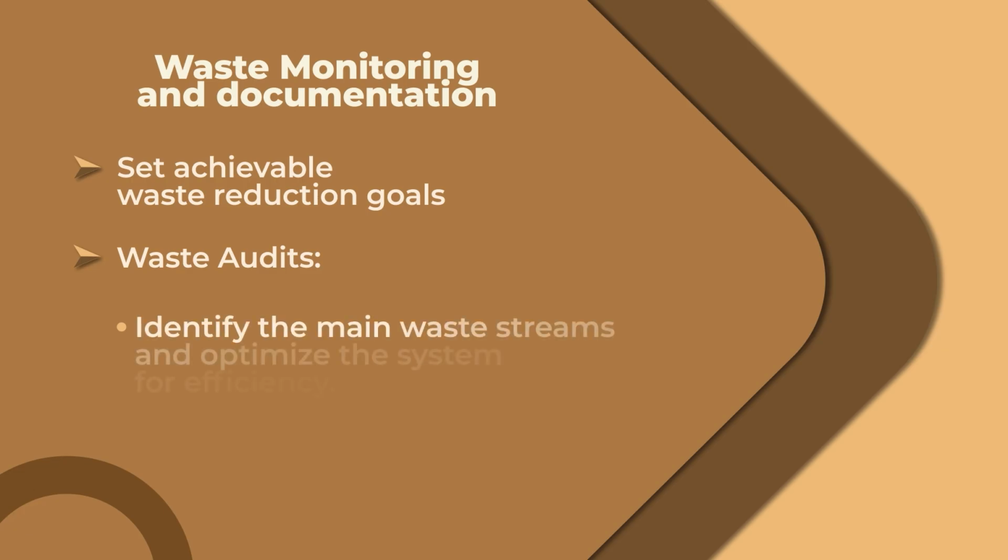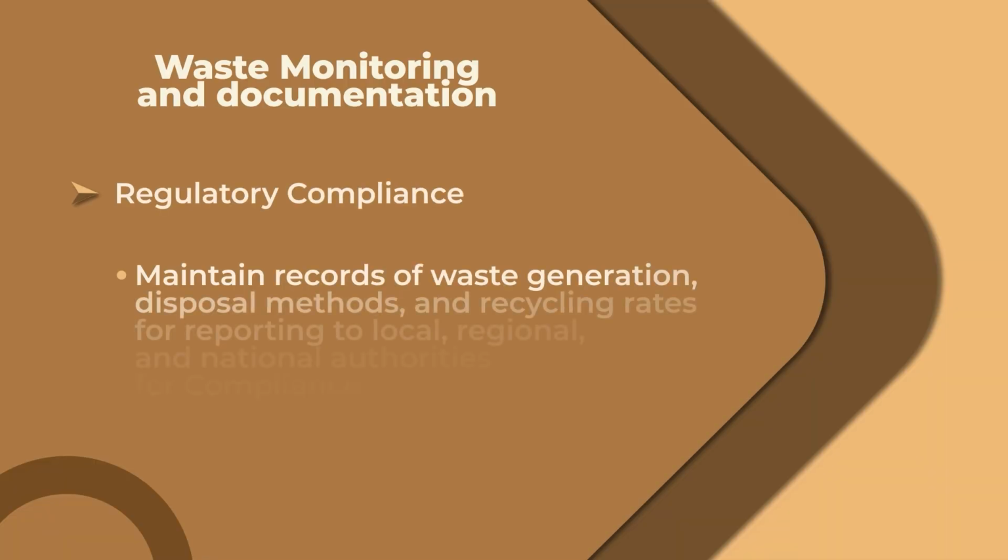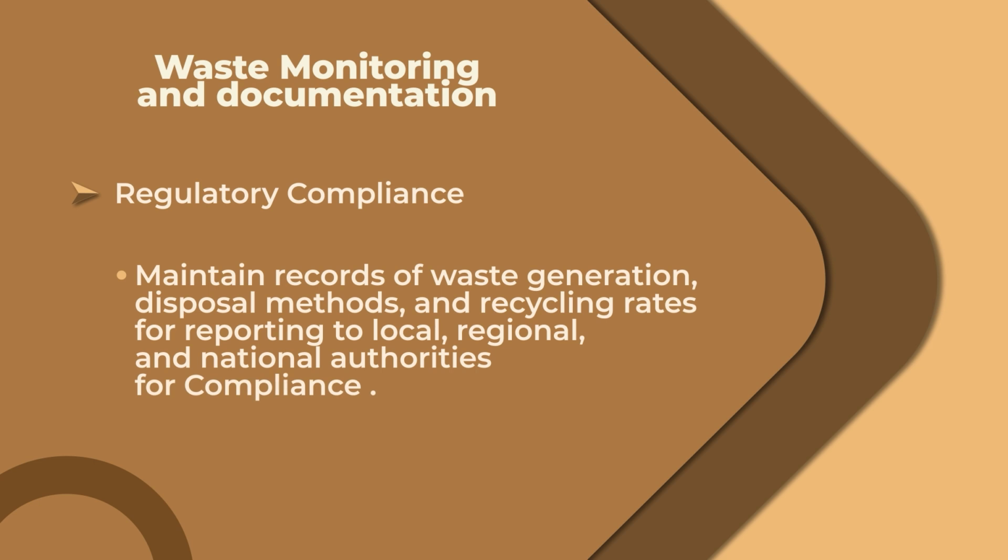They will identify the main waste streams and optimize the systems for efficiency. Then they should also maintain all the records for regulatory compliance: the records of waste generation, the disposal methods, and the recycling rates for reporting to the local, regional or national regulatory authority for regulatory compliance in terms of the waste management from the food industry.